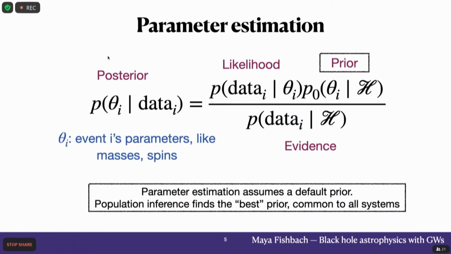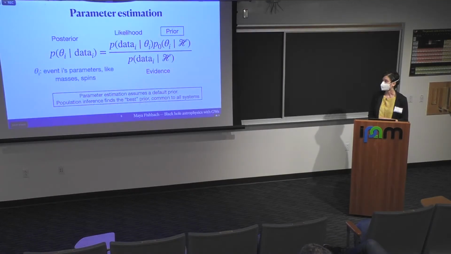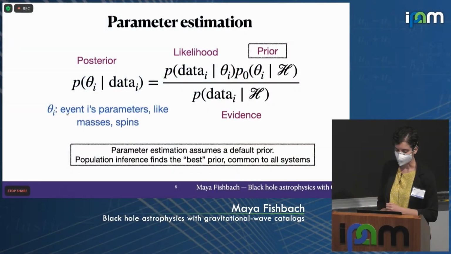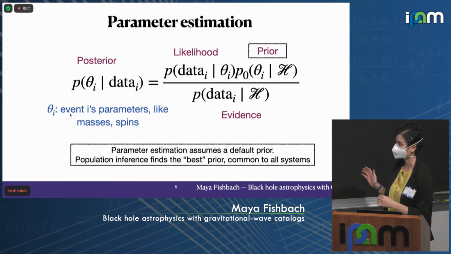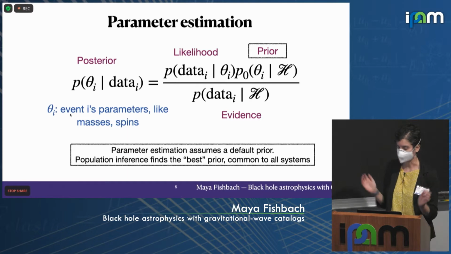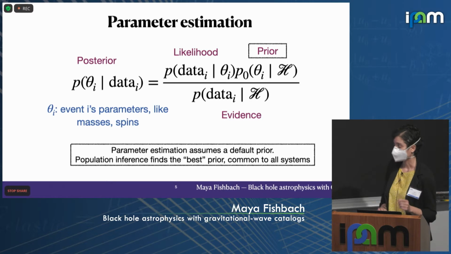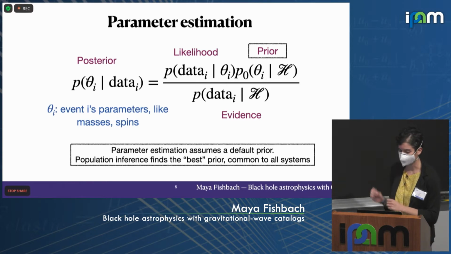Basically, that parameter estimation posterior is written as the probability of seeing event i's parameters given the data for that event i. Here theta_i represents this multidimensional space consisting of masses, spins, distance, all of that. Fortunately, I think Salvo used theta_i to denote single event parameters, and so will I, so we're consistent with that notation.